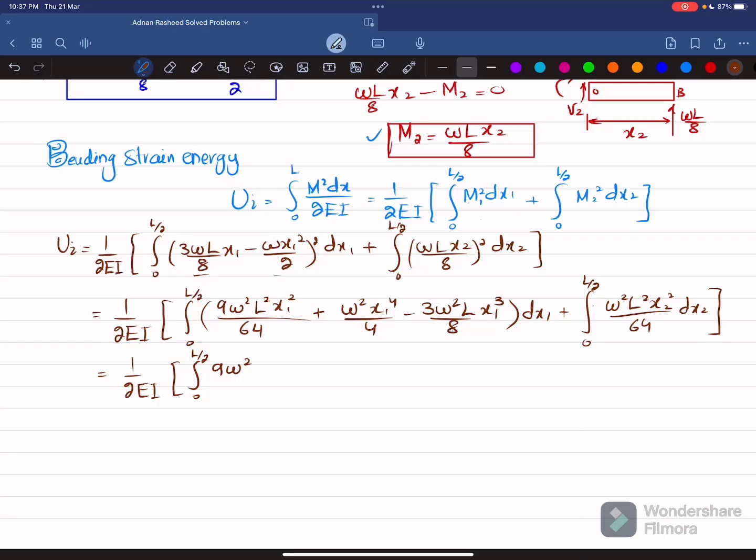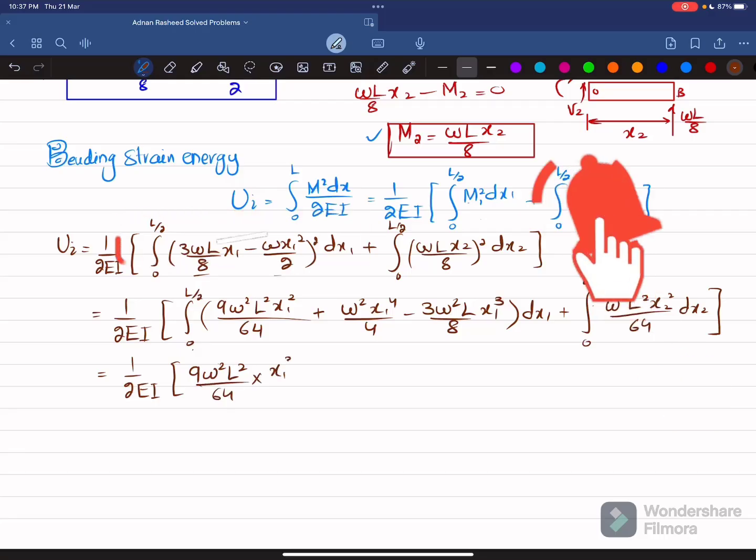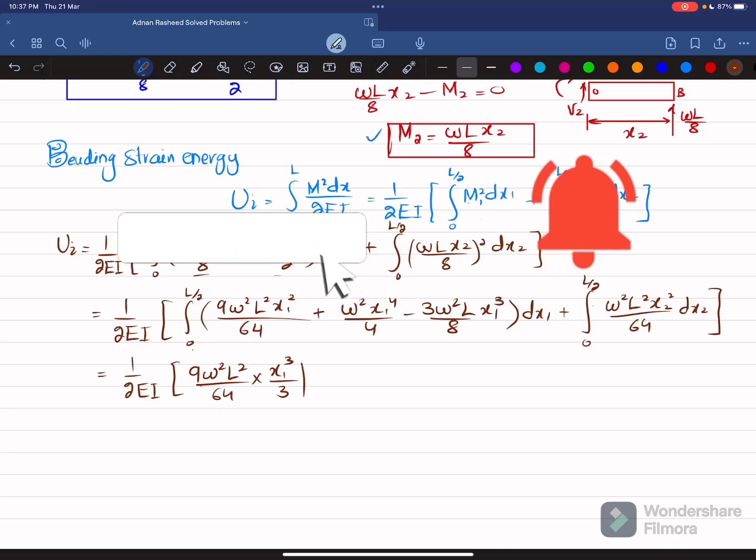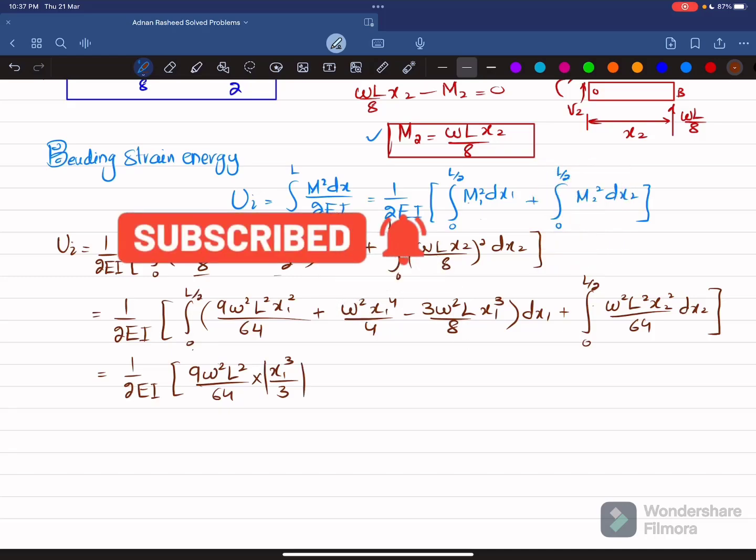Okay, so you can just skip this step. You can directly take the integral of x1 square into dx1. So it will be equal to 9 W square L square over 64 multiplied by x1 cube over 3, and limit will be from 0 to L by 2.